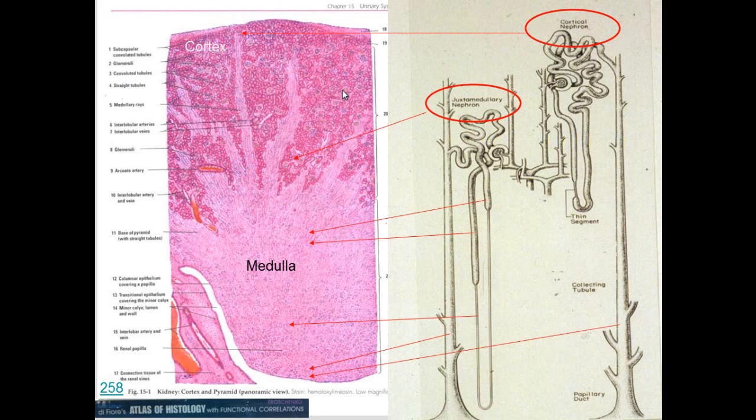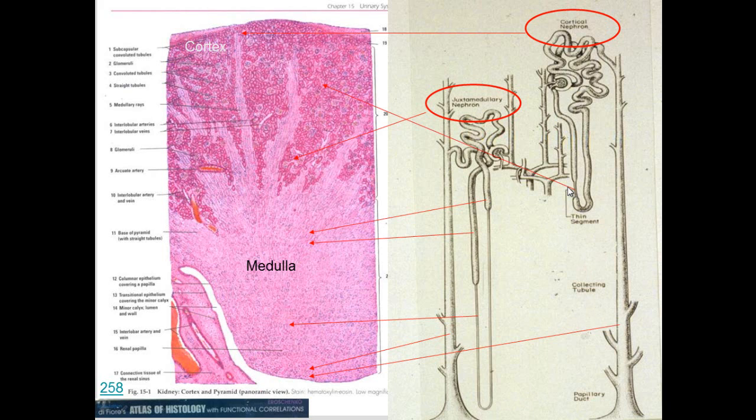Now, regardless of which type of nephron, the juxtamedullary nephron or cortical nephron, the collecting tubule in both cases goes down through the medulla and empties out here in the minor calyx through the papillary ducts. And so regardless of type, they still have to go through the medulla to concentrate the urine.